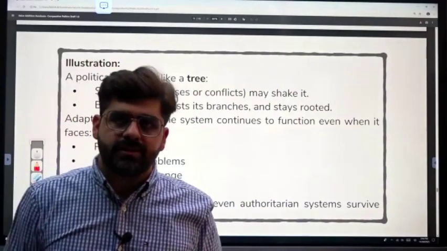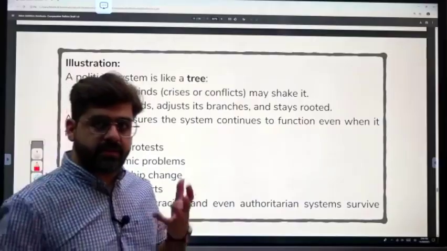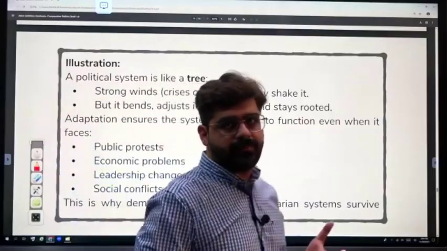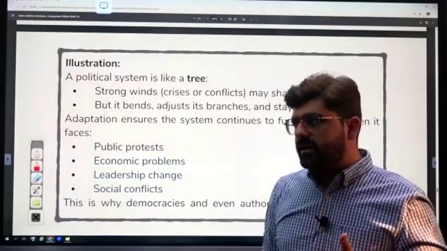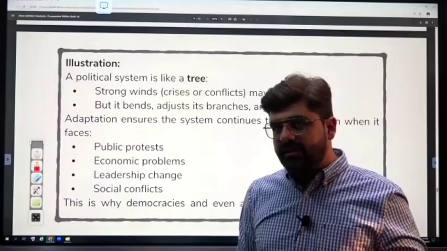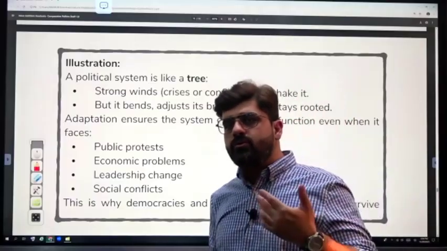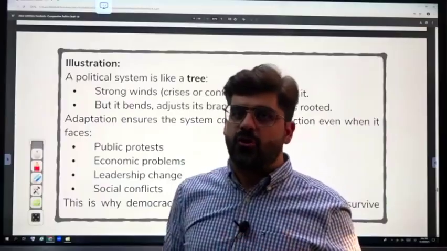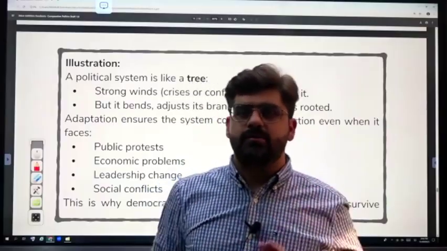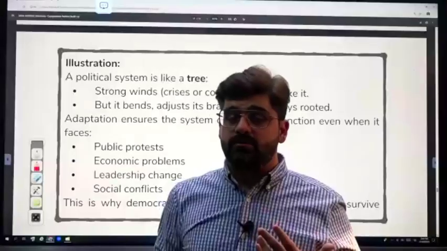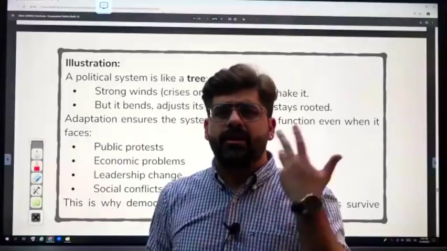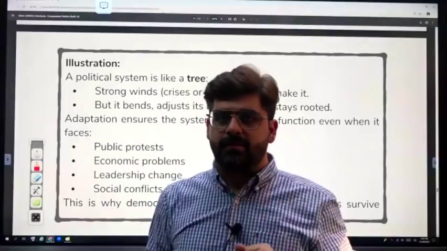If there are strong winds, the tree is going to face some resistance. But will the tree be uprooted? No. Probably the tree is going to adapt itself to the strong winds. It will probably bend, so as to adapt to the strong winds and stay standing.